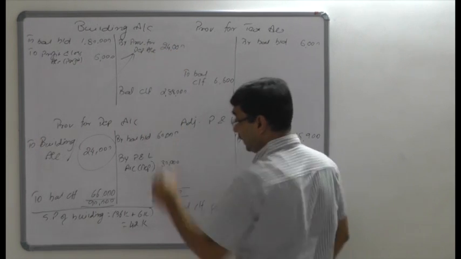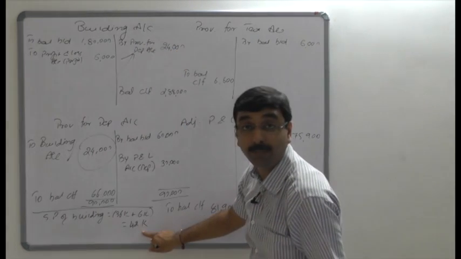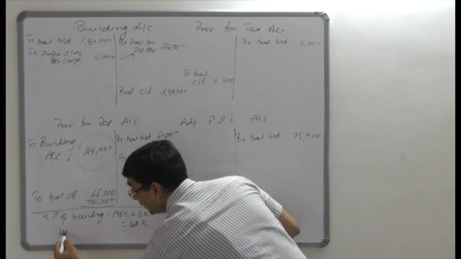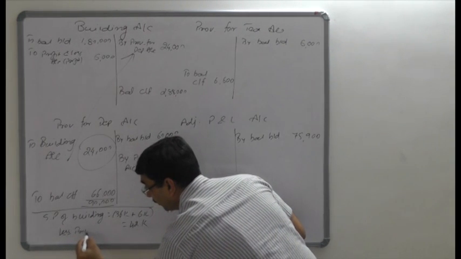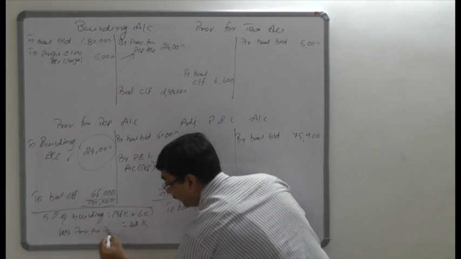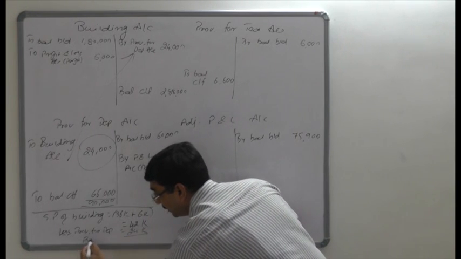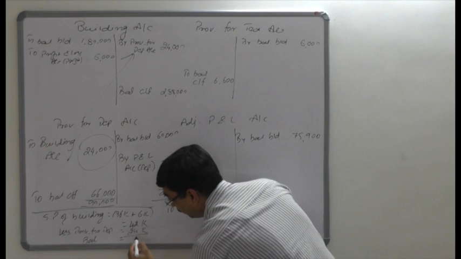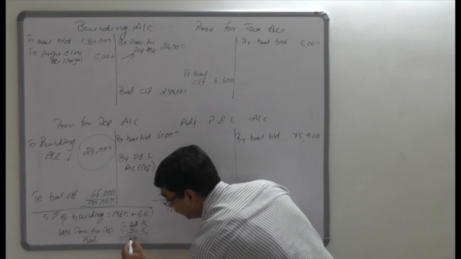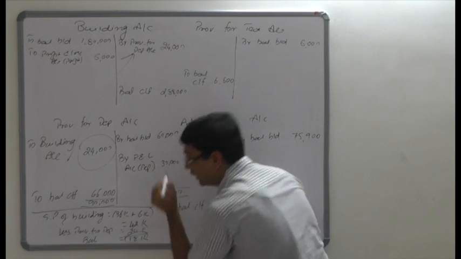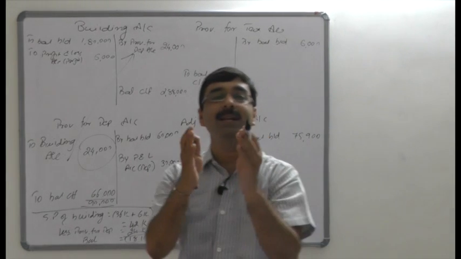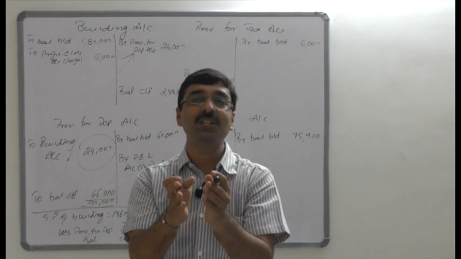24,000. Now see here, what was your selling price of the building? 42,000 less provision for depreciation 24,000. So the balance is 18,000 rupees, and that balance amount is your realization from the building.